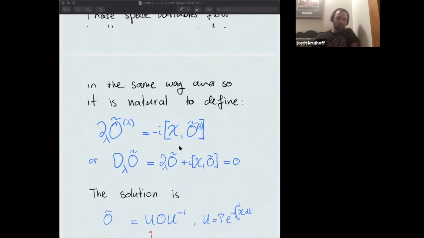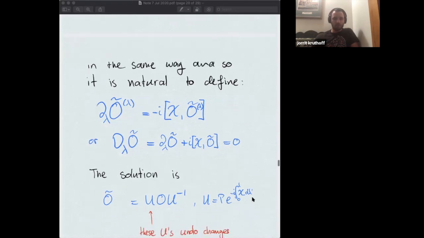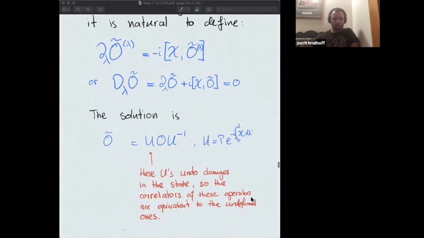And if you put this commutator to the left, you'll see that it's sort of a covariantly constant type condition on this O tilde. And here you see what the solution is to this particular covariantly constant condition.